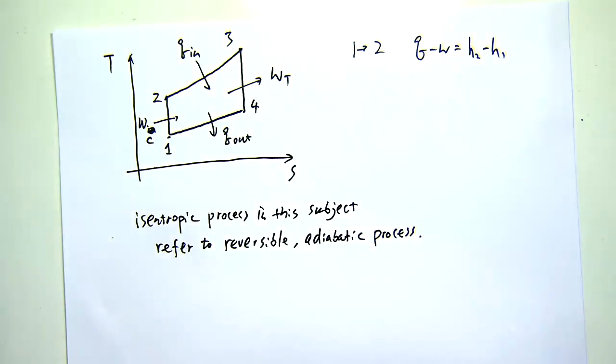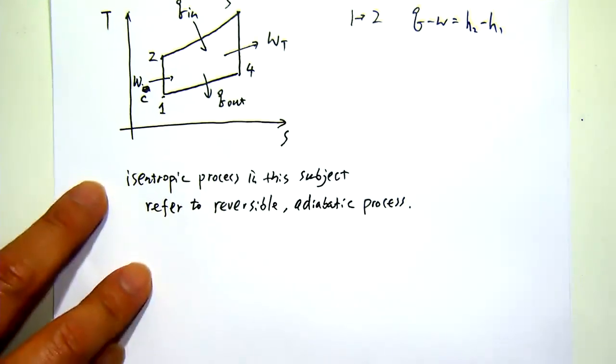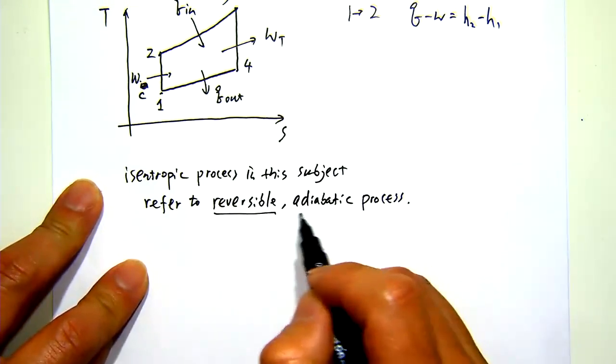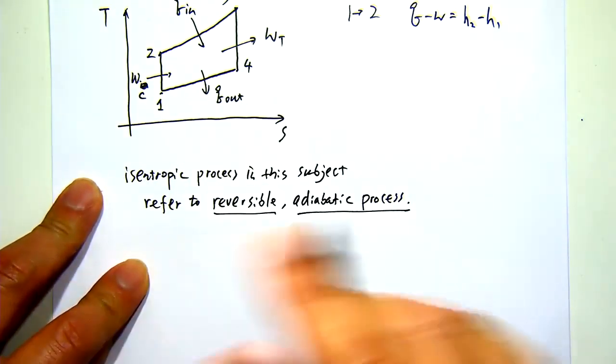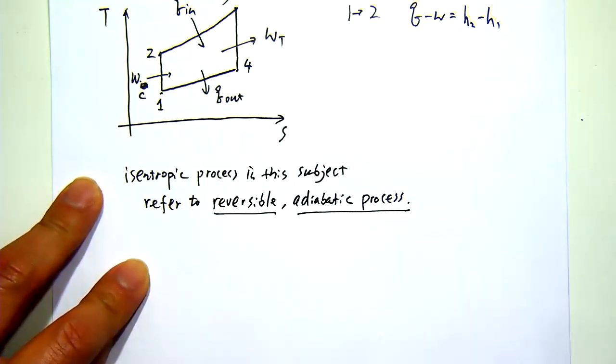In most cases, for this analysis, we're dealing with the ideal case. If you just follow isentropic, which says there's no change in entropy, it could be achieved in a non-ideal way as long as the initial and end states have the same entropy. But here we're dealing with more of the ideal case. So if you have a reversible adiabatic process, you will satisfy the isentropic requirement.